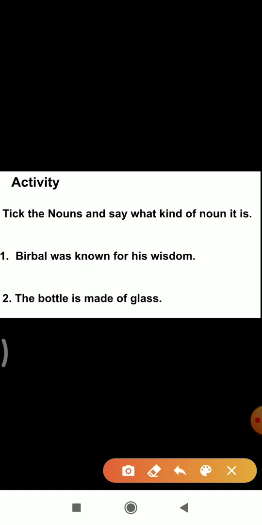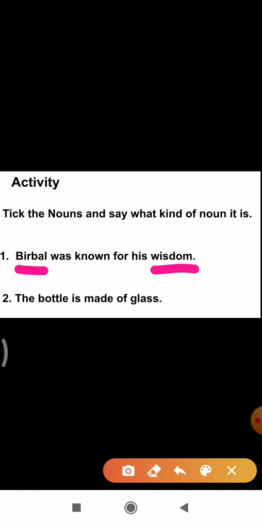Can you find out? Yeah. The first one is Birbal and wisdom. Right? They are the nouns. Now what kind of nouns they are? Birbal is the name of one specific person. So what you can call it? Which kind of noun? Yes, it is a proper noun.